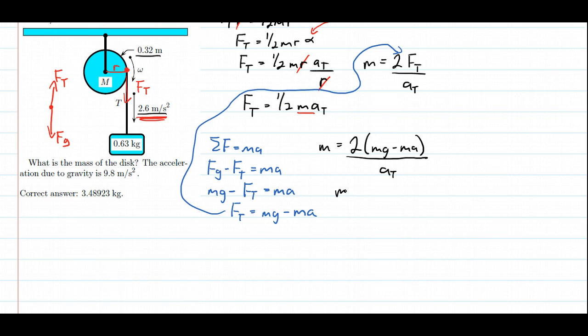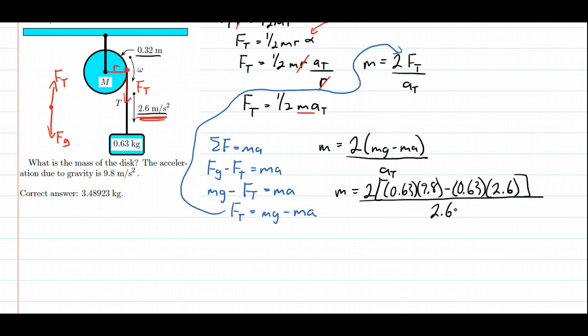So I can plug in the variables into this, like such, and when I punch it all into my calculator, I get a final answer of 3.48 kilograms for the mass of the pulley.